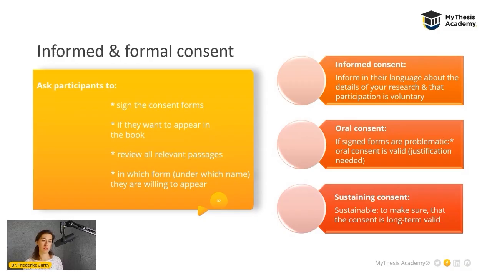So the declaration about the details that we will look up is made by the researcher and has to be transmitted and explained to every one of the research participants. And this normally takes place in a written form.